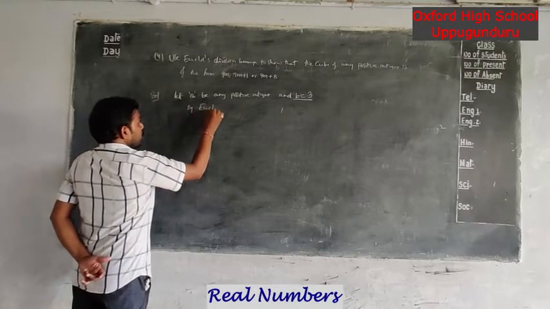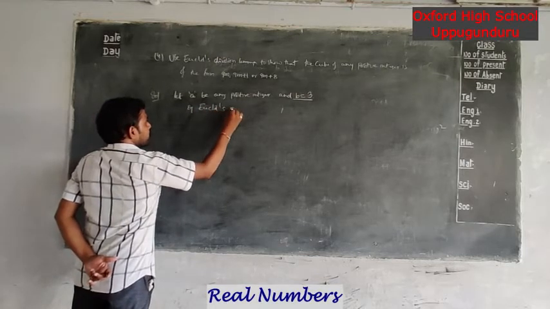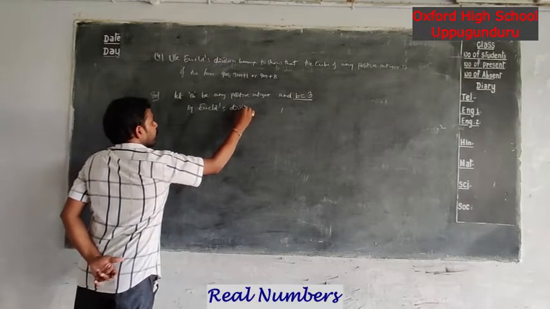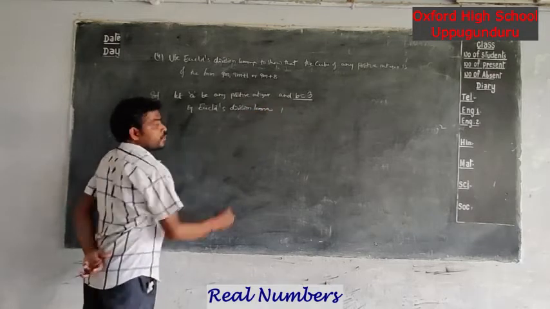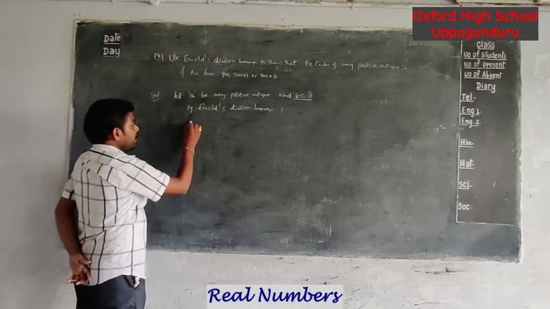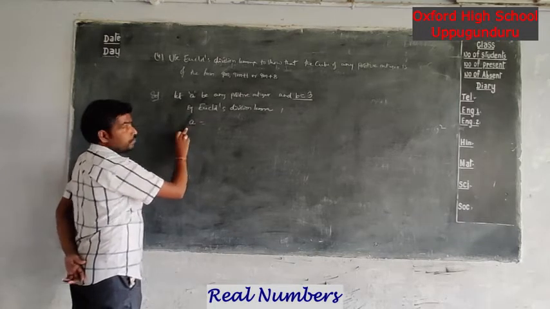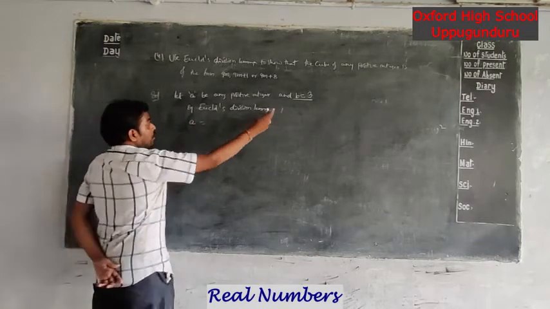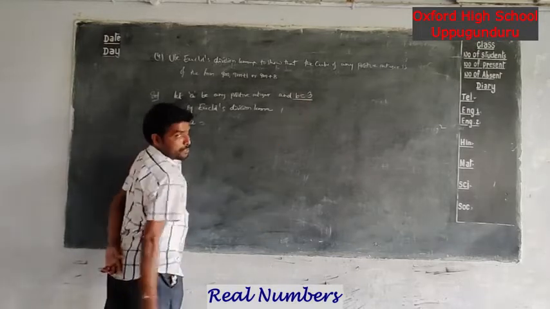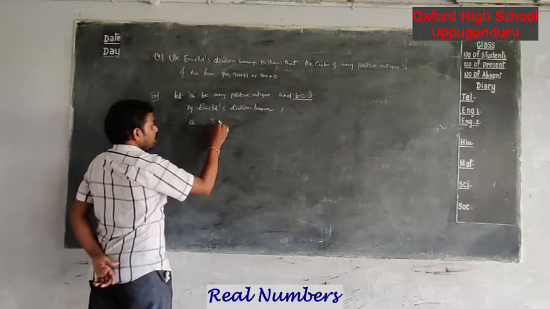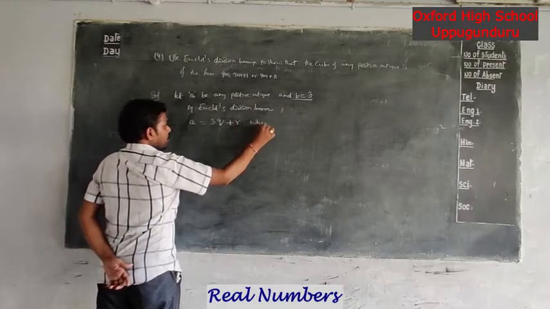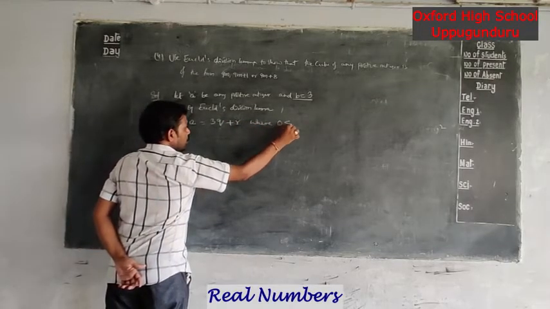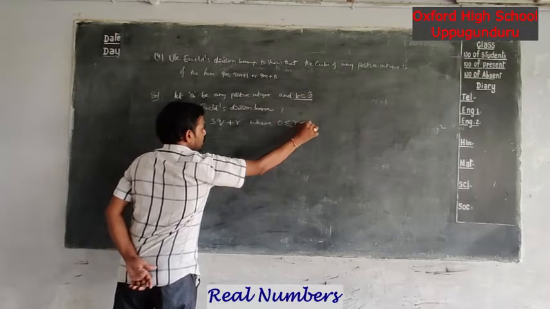by Euclid's division lemma, what you have to write? Dividend a, that positive integer, equals divisor b, which we consider as 3, into quotient q, plus remainder r, where 0 is less than or equal to r, less than 3.